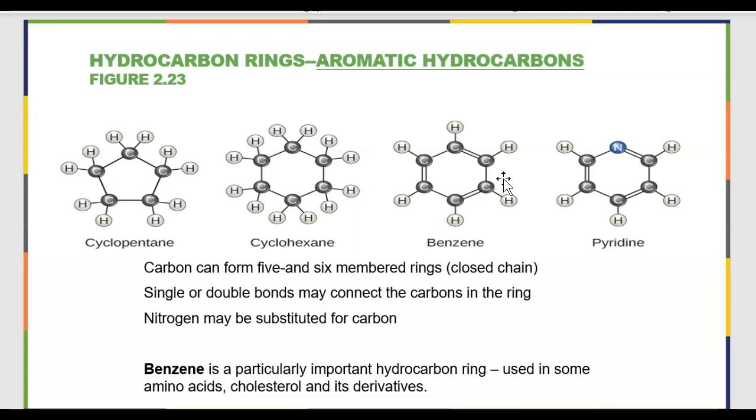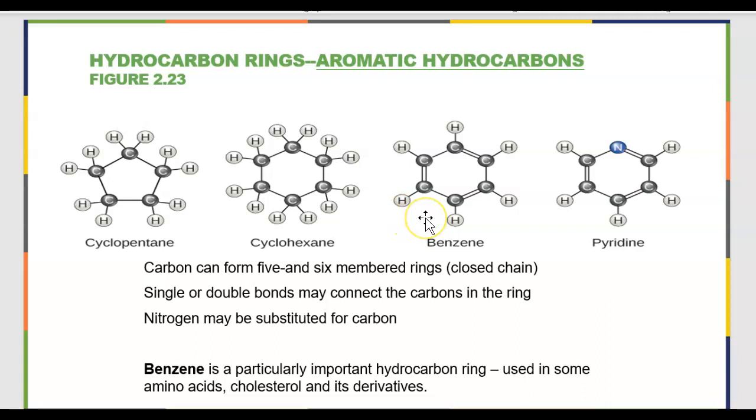Here's the aromatics, or cyclic versions of hydrocarbons. So you can see them all nicely displayed here, and you can see kind of what the rules might be depending on whether or not they have single bonds or double bonds, or alternate single and double bonds. So these are all single, and cyclopentane, cyclohexane, all single bonds.